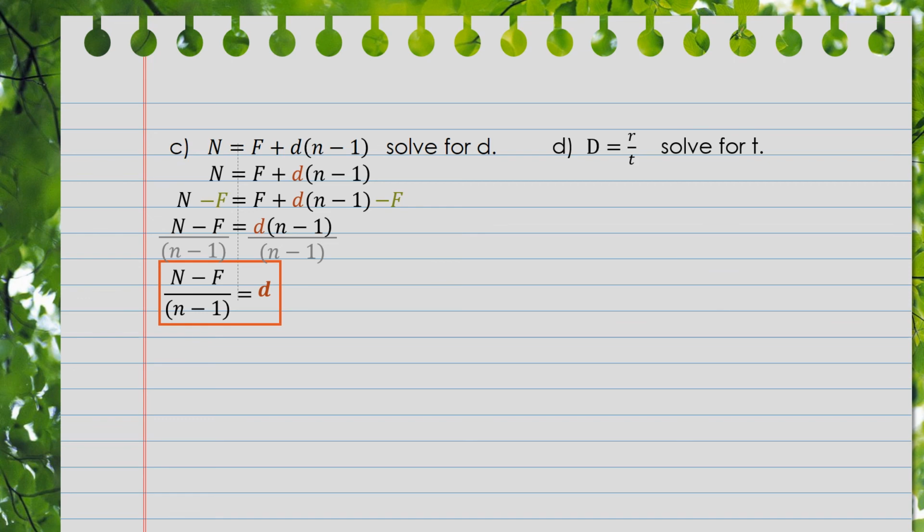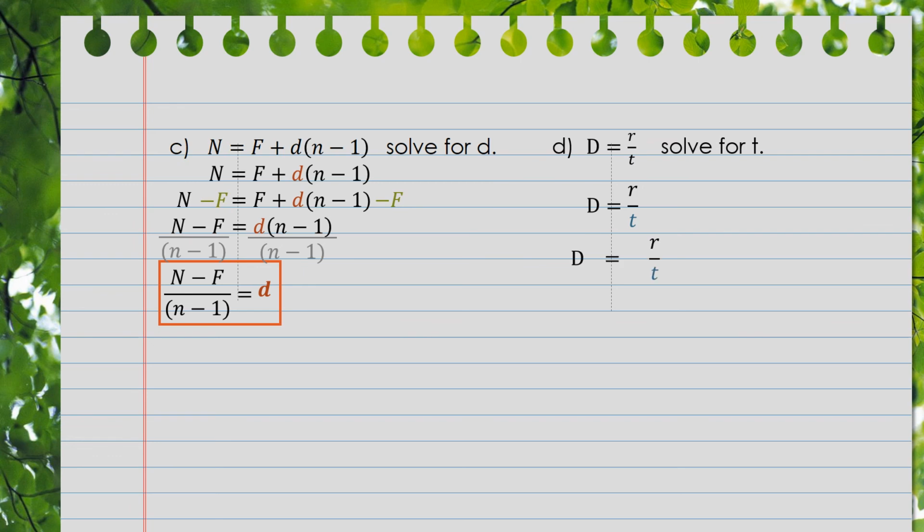For D, we have D equals R over T, and this time we need to solve for the letter T. Go ahead and draw your line at the equal sign, and then highlight your specified variable, which is T. Now notice T is in the denominator in this particular problem. And we need to solve for T, which means we need to get T out of the denominator.